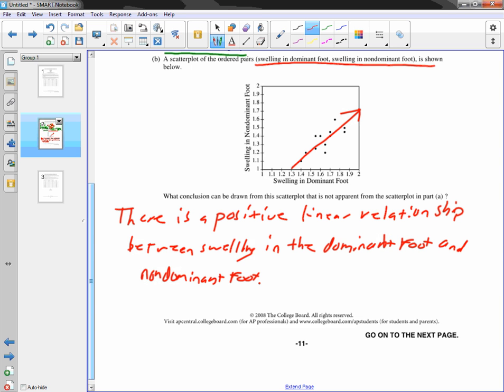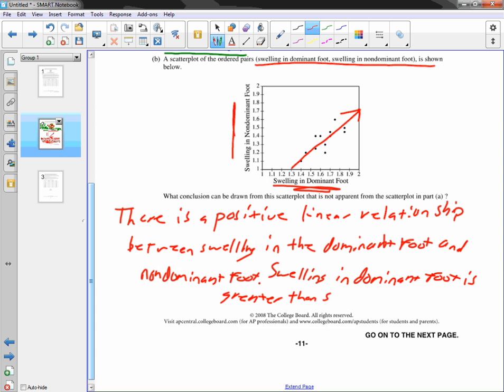But they wanted you to go a little bit further because you can see here that the swelling in the dominant foot is always greater than the swelling in the non-dominant foot. So they did want you to also conclude that swelling in the dominant foot is greater than swelling in the non-dominant foot.